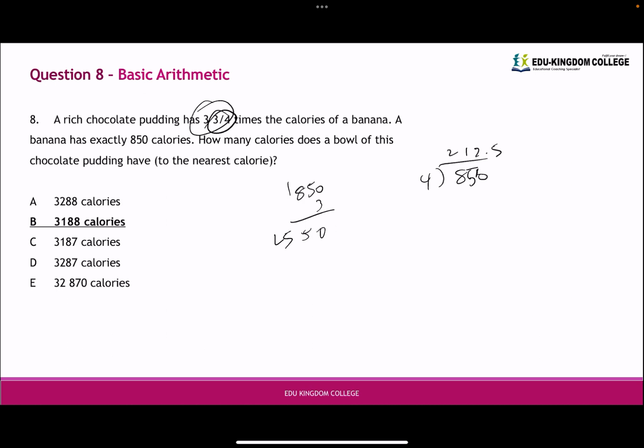And then times that by 3. This is 1/4, so times that by 3 and you should get 637.5. So 3/4 equals 637.5. Add them together.